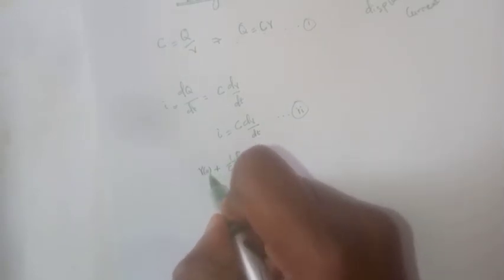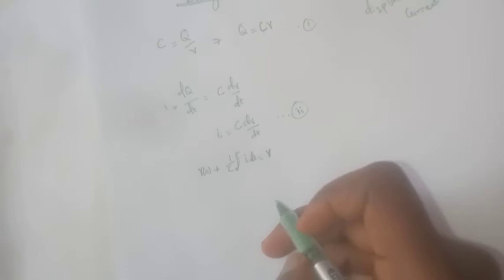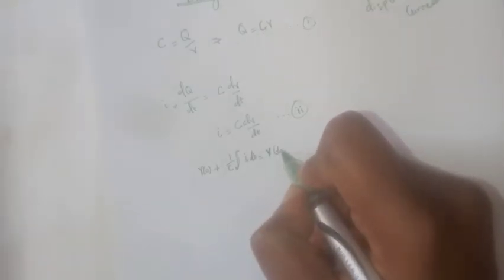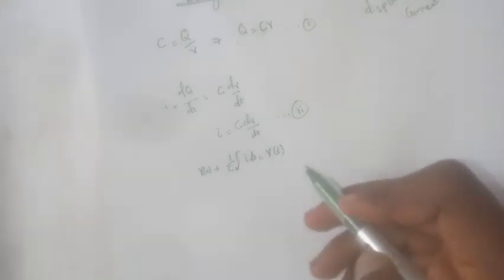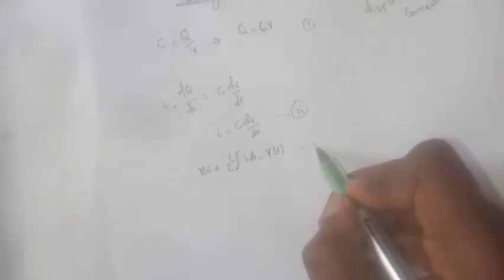In most cases, this initial voltage is 0, but there are times when it is not 0. So given the current, we can also find the voltage in reverse. So that is another formula we should take note of.